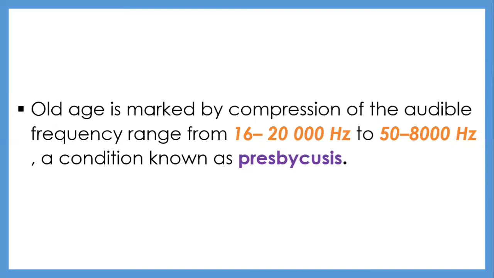The higher frequencies are usually lost first, and most aged people cannot hear sounds above 10,000 hertz, which is why it is better to lower the voice when attempting to communicate with older people. Raising the voice increases the pitch and is self-defeating. The mechanism of hearing loss is at the neural or cochlear rather than the ossicular level and is irreversible.